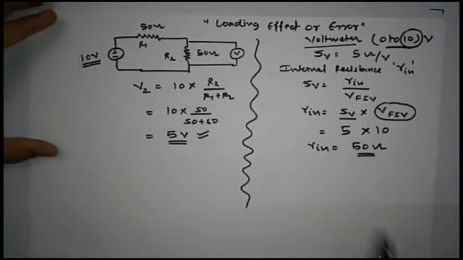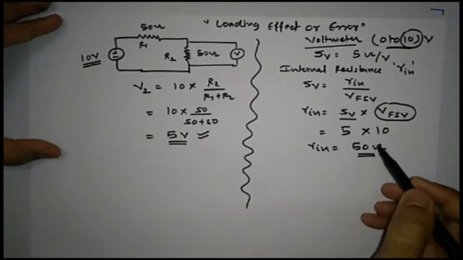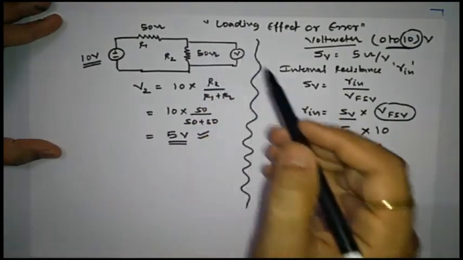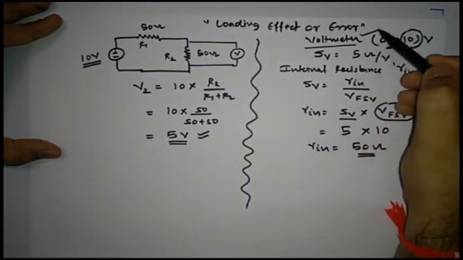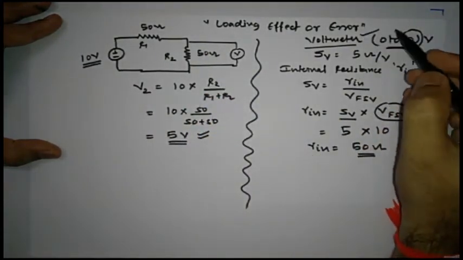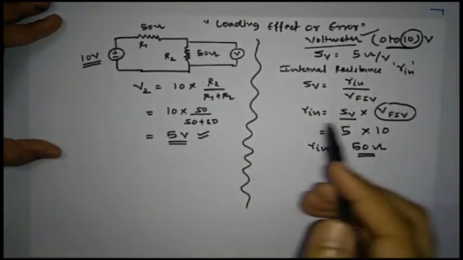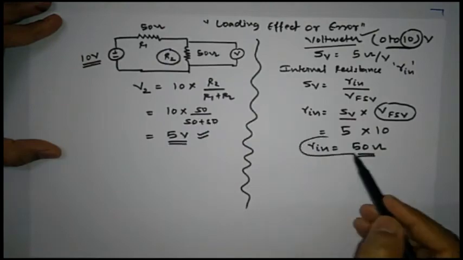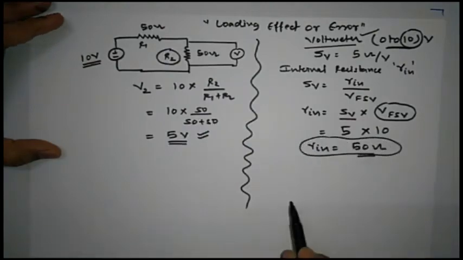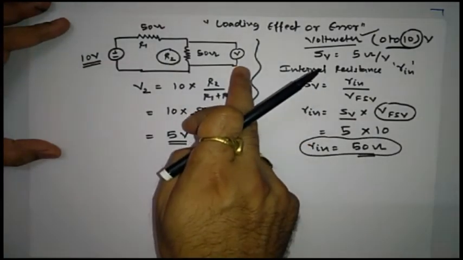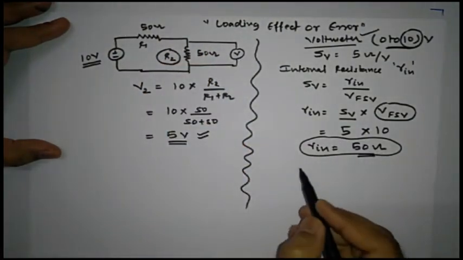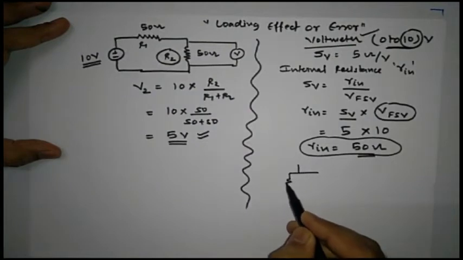Now this 50 ohm indicates the internal resistance of this voltmeter. Now when we connect this voltmeter of internal resistance 50 ohm across this 50 ohm resistor, what is this voltmeter going to read? This voltmeter will read a voltage across a parallel combination of this R2 and its corresponding internal resistance. That means when we connect a voltmeter across this particular resistor of value 50 ohm, the circuit is now going to be like this.